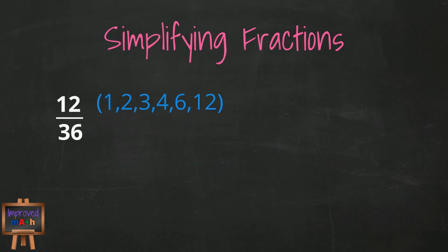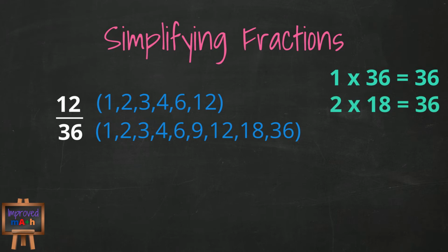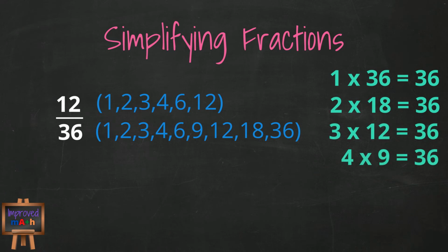The factors of 36 are 1, 2, 3, 4, 6, 9, 12, 18, and 36. 1 times 36 is 36. 2 times 18 is 36. 3 times 12 is 36. 4 times 9 is 36, and of course 6 times 6 is 36.